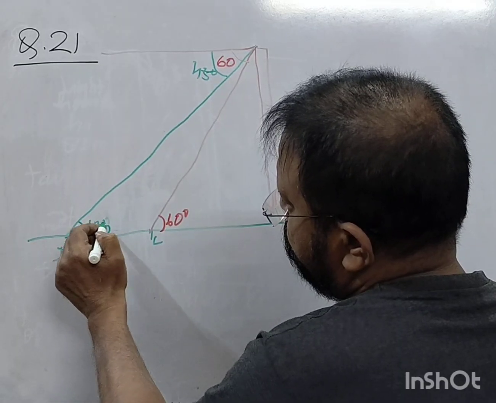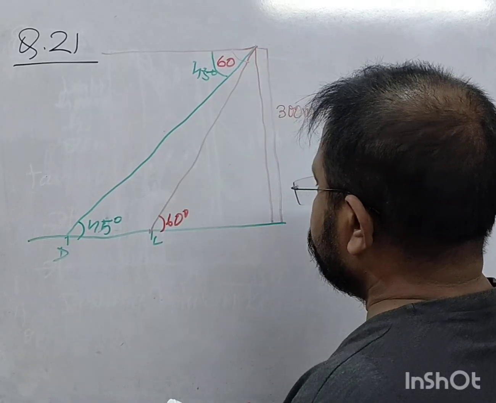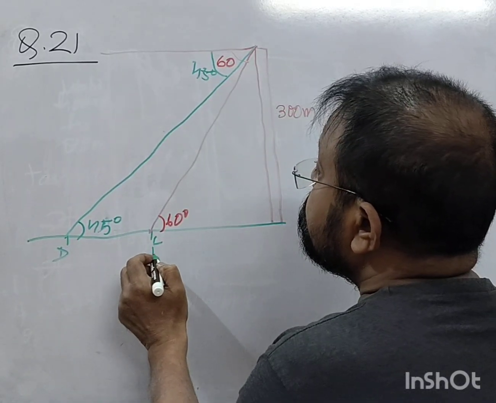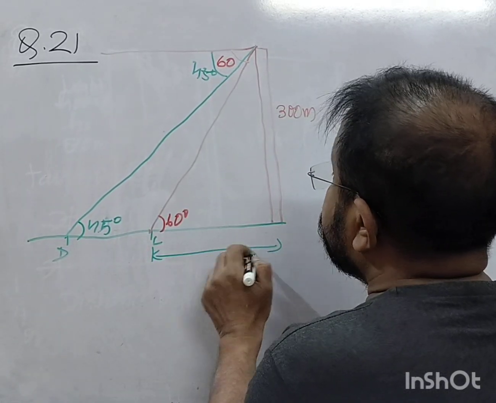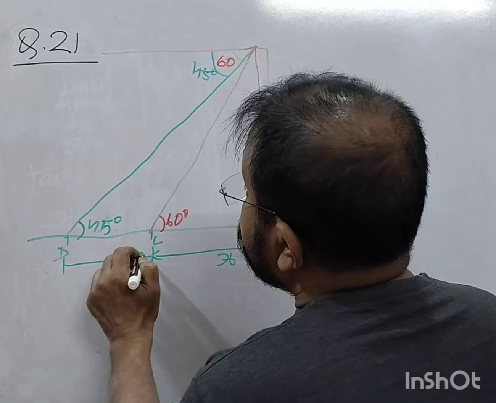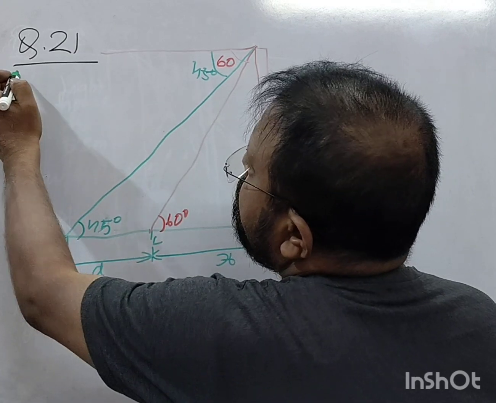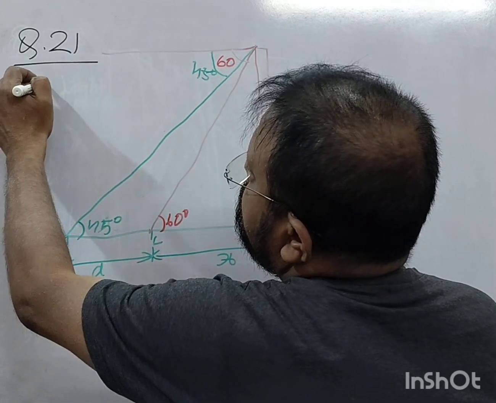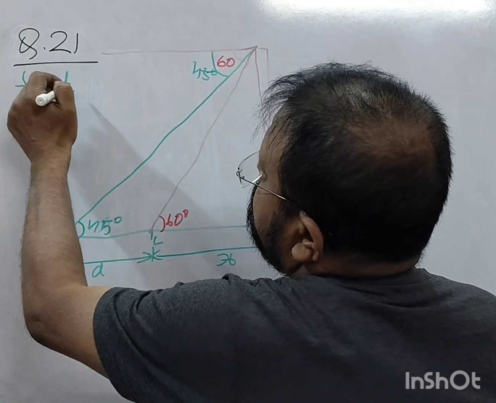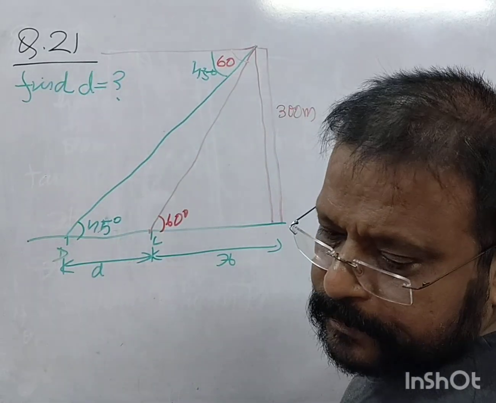Fine. Now this distance is x and this distance is d. So find d, right?